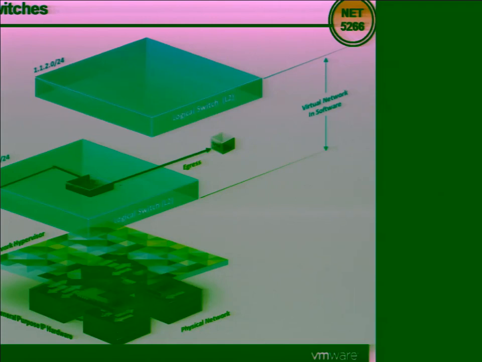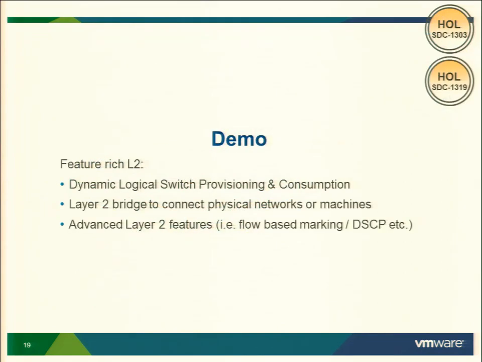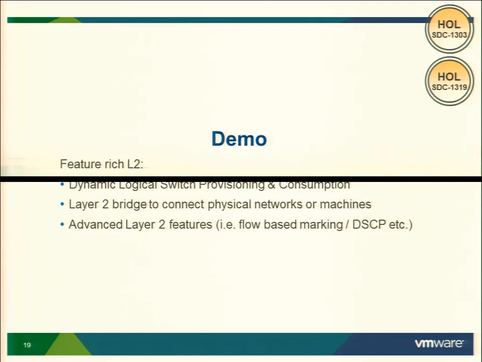These switches can have flexible IP addressing. You can have private addressing. You can use NAT, and I'll talk about how that comes into play, or routable IP addressing. So all the flexibility you desire from an IP addressing standpoint, and all the flexibility you desire from a compute standpoint. So with that, Sachin is going to walk you through how simple it is to create a logical switch in this new world.